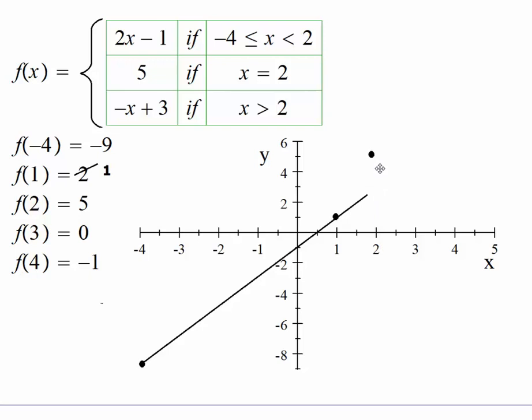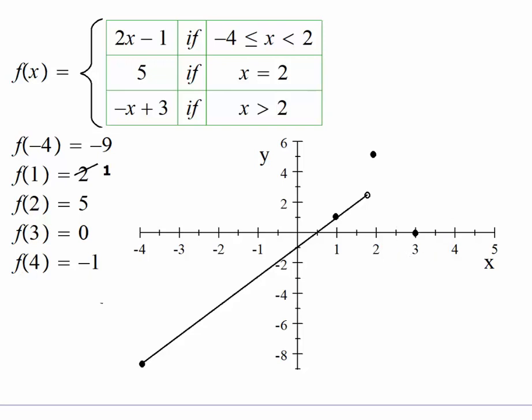So what we do in such a case is that at the end here we have a discontinuity. We'll put an open circle here just to show this point of discontinuity. And then for the other portion, we see that f at 3 is 0, right?